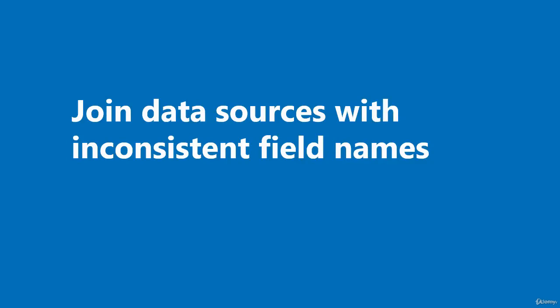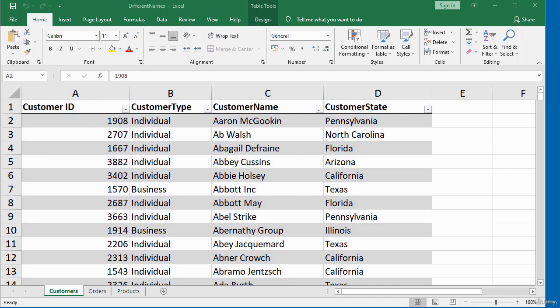In this video, I'll be showing you how to join data sources with inconsistent field names. In the previous video, I showed you how Tableau can establish a relationship between tables that have a common field.